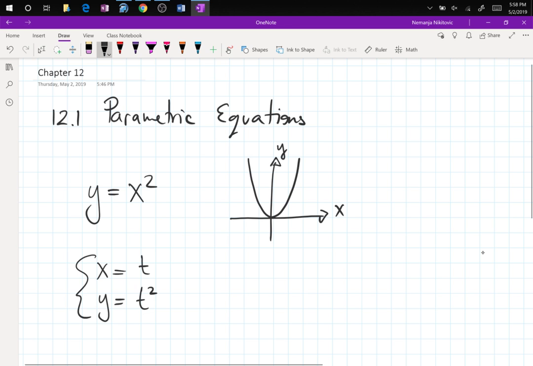So can we actually show that this is the same? Sure, because your x is equal to t, just plug it here, you get your x squared, you're done, right? Parametric equations are not unique representations. So I can be creative if I need to. Another set would be x equals, let's say, square root of t, and y equals t to the fourth.